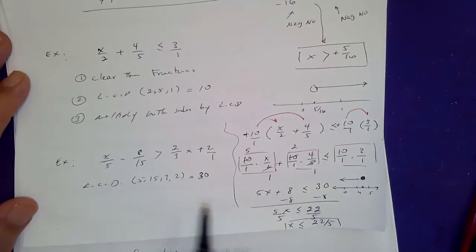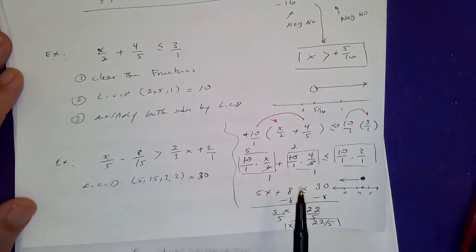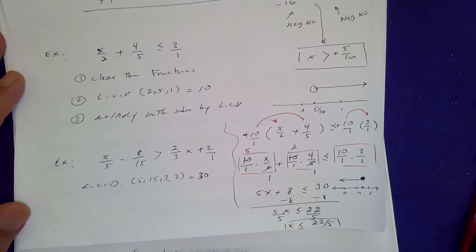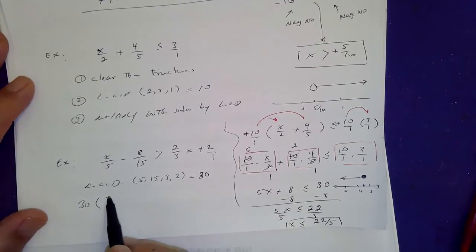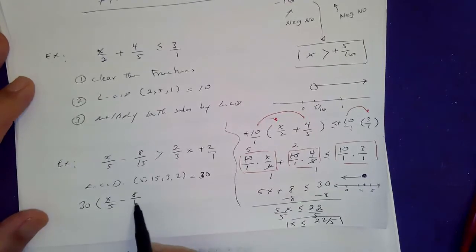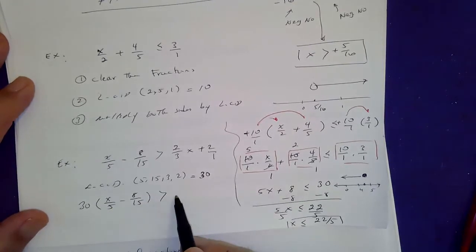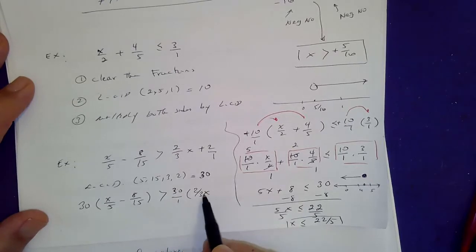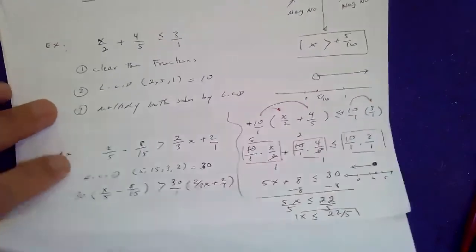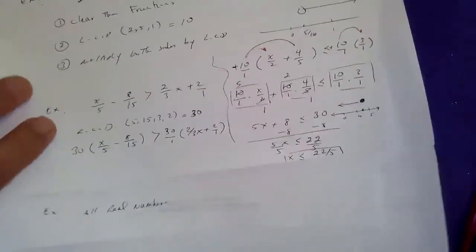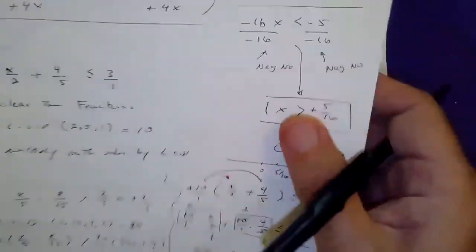That's the lowest number that 5, 15, 3 and 2 divide into with no remainder. So multiply both sides by 30. So x over 5, 18 over 15, greater than 30 times 2/3 x plus 2 over 1. Right? So let me get a nice clean piece of paper so we can continue this on the next page. So what do we get here?